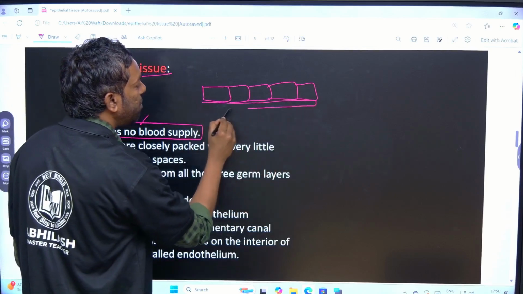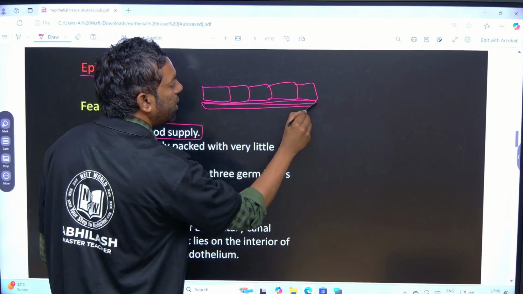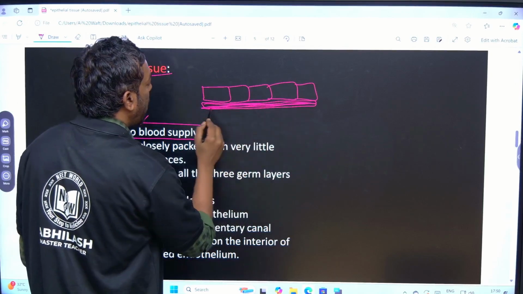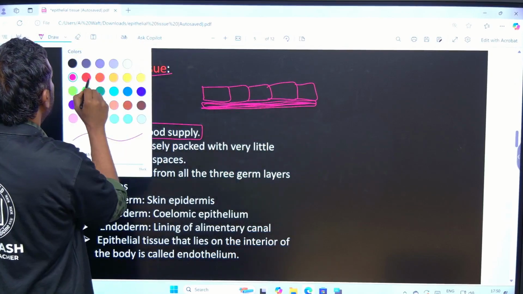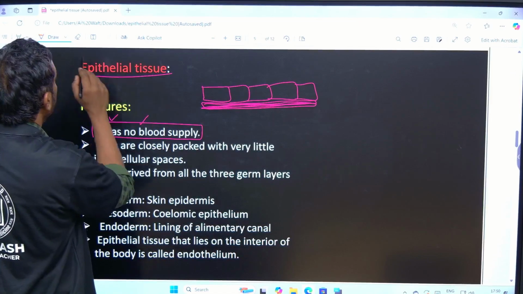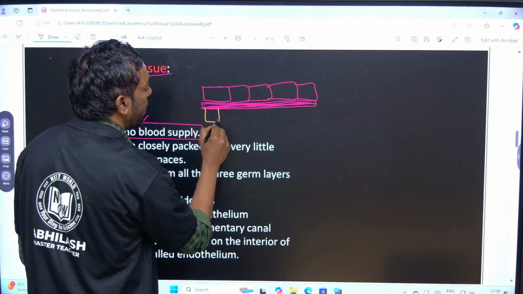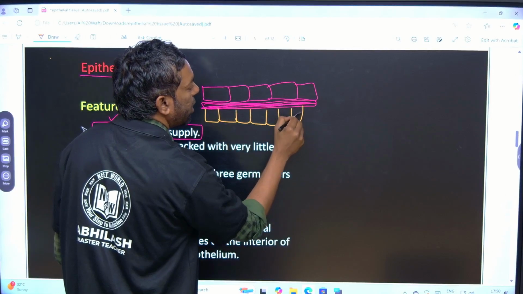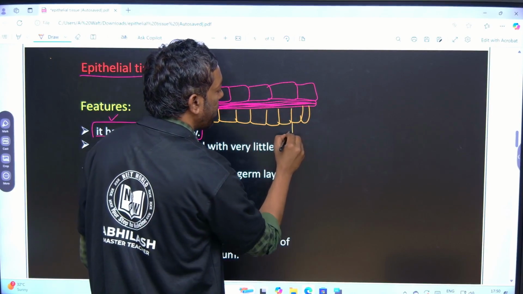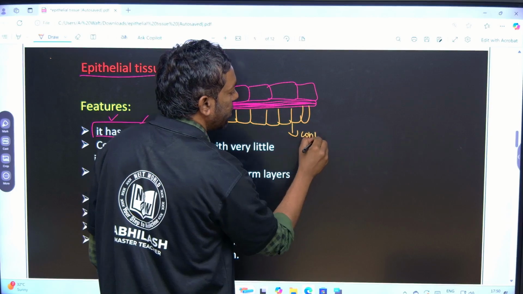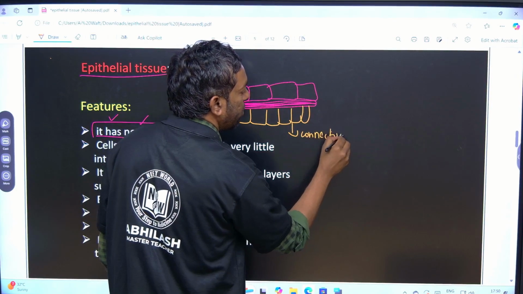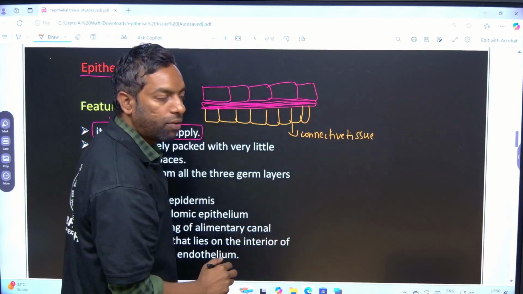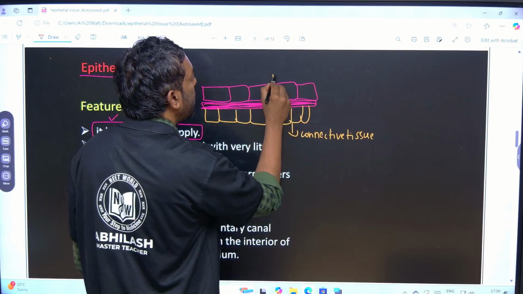The basement membrane is also a layer of tissue, and there is another layer, which is connective tissue. Okay, connective tissue. This is epithelial tissue.